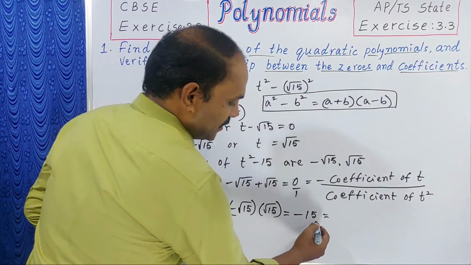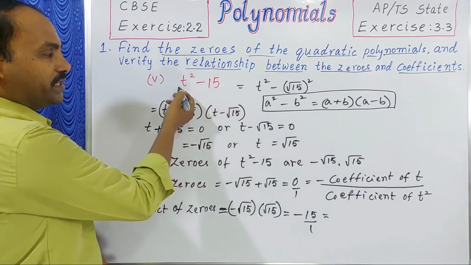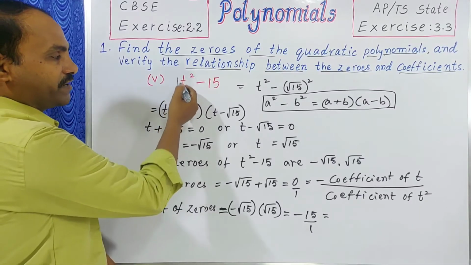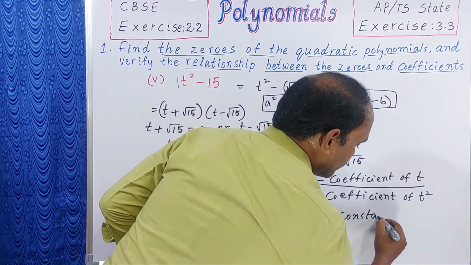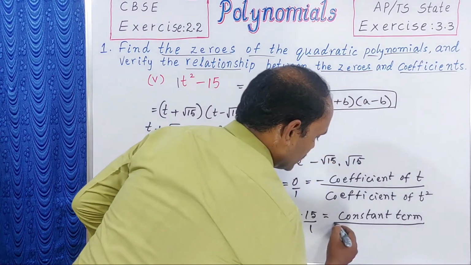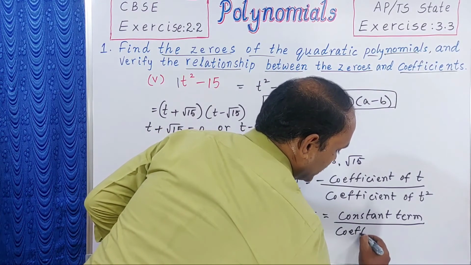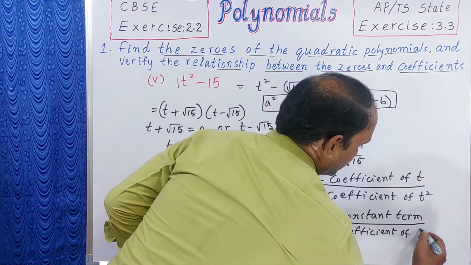We can write this one by 1. Minus 15 is the constant term. Here 1 means the coefficient of t square. So it is constant term by coefficient of t square.